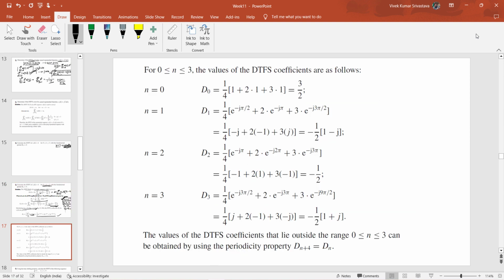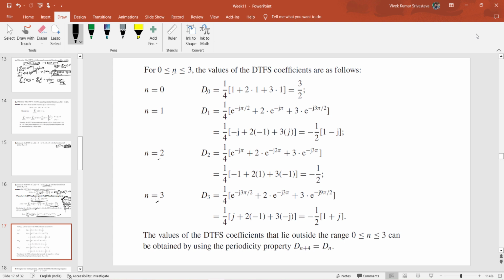Now to evaluate the value of the discrete time Fourier series coefficient for a particular value of n, we will put the value of n as 0, 1, 2 and 3. Once you put these values of n, you will get the discrete time Fourier series coefficients d0, d1, d2 and d3.